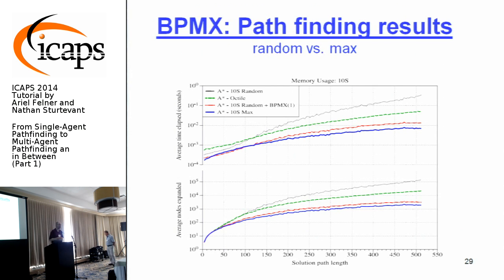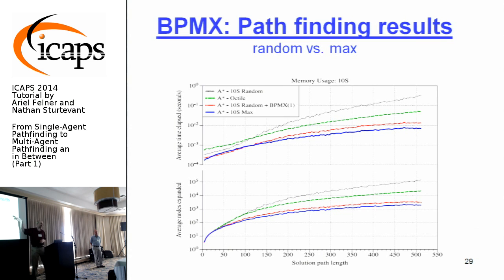What you see is, I'll point out what these lines are in a second, but if you don't do BPMX and you've got an inconsistent heuristic, it can absolutely, completely kill you. And if you do it, then you can end up being okay. So the green line here is an octile, sort of a straight line heuristic.